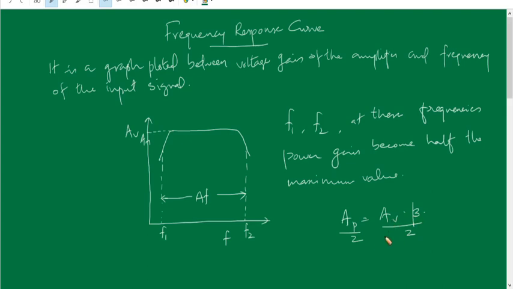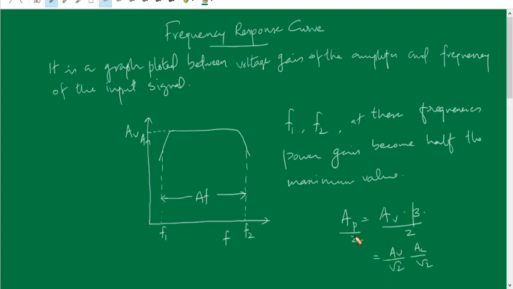So we can make it AV by root 2 and beta, the current gain, divided by root 2.